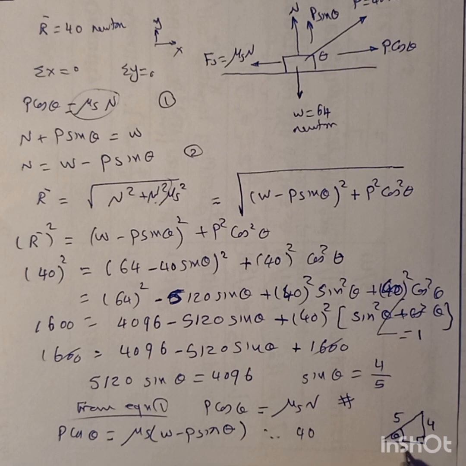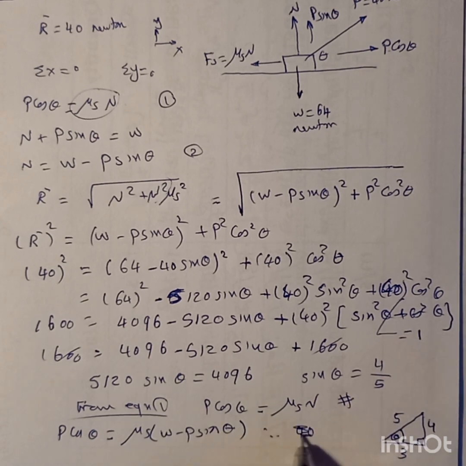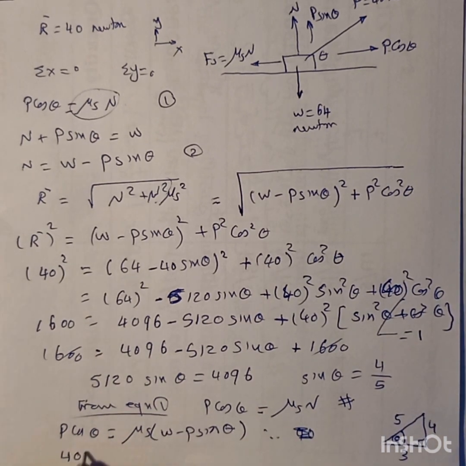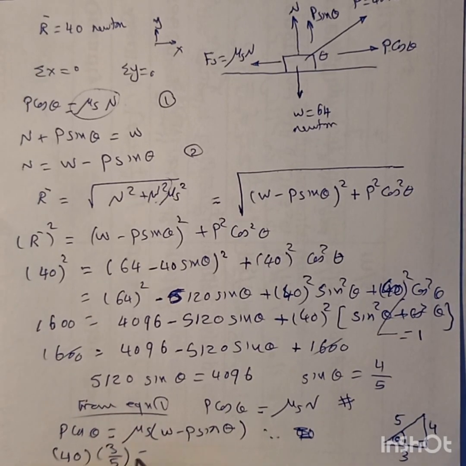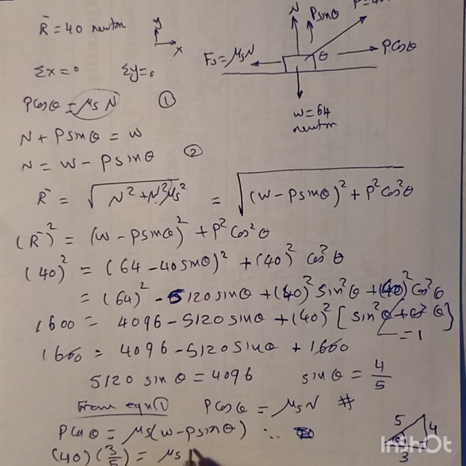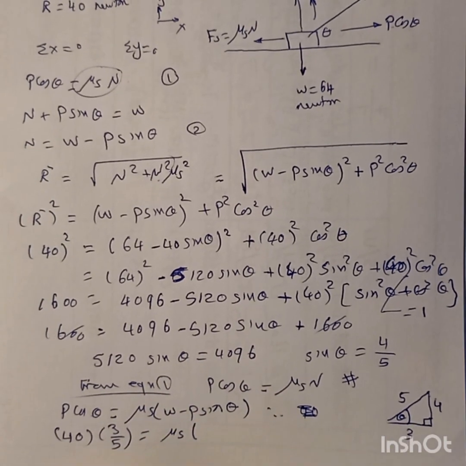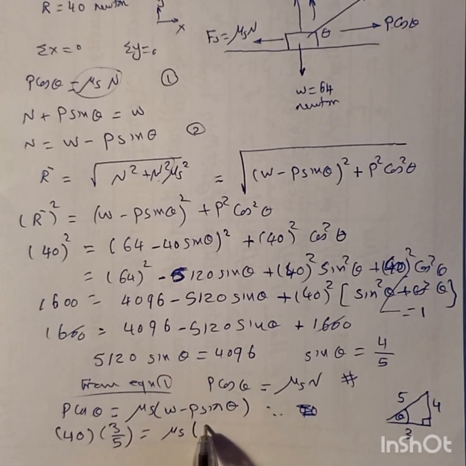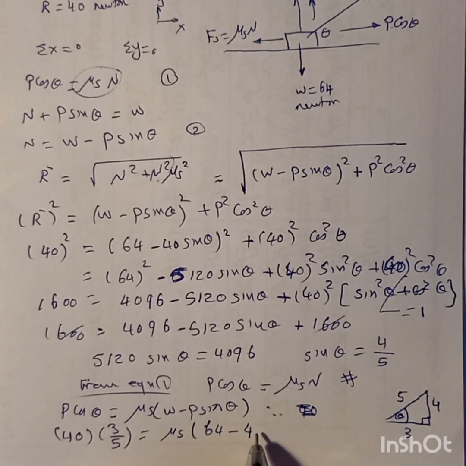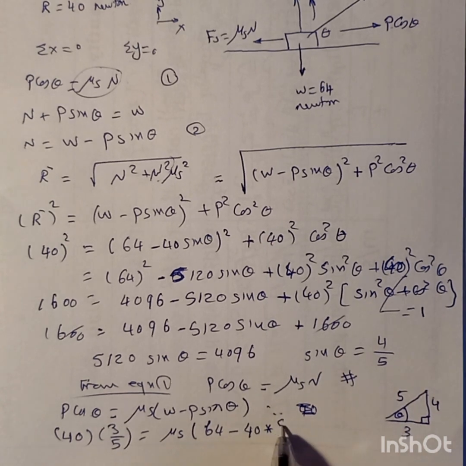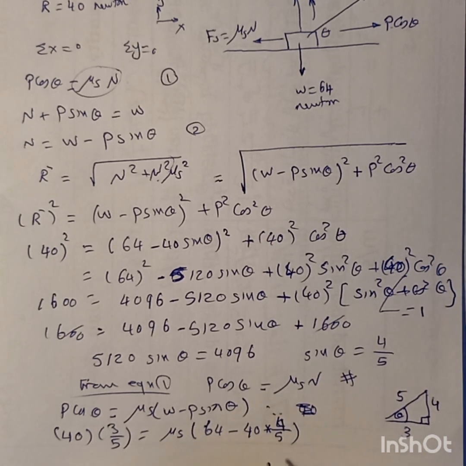Then cosine theta is 3 over 5. Then we have 40 times cosine theta, 3 over 5, equals mu s, which is required to find, times W, which is 64 minus B, here B is 40, times sine theta, 4 over 5. Then we can find mu s equals 3 over 4, and this is the required second.